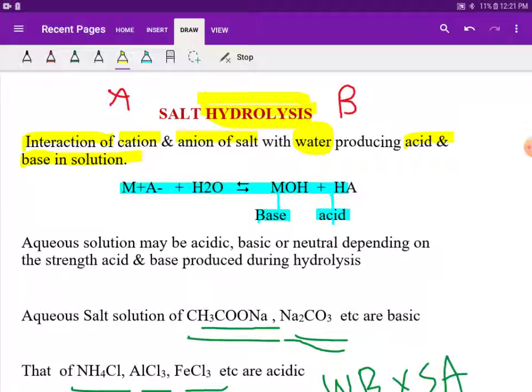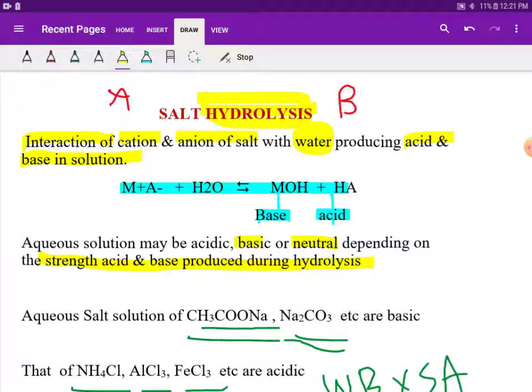The aqueous solution may be acidic, basic or neutral, depending on the strength of the acid and base produced during hydrolysis.